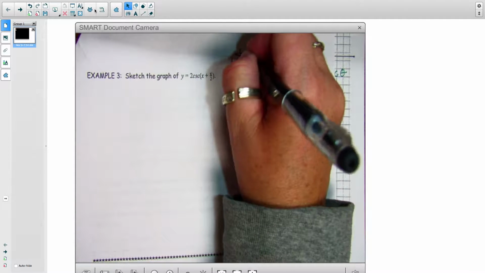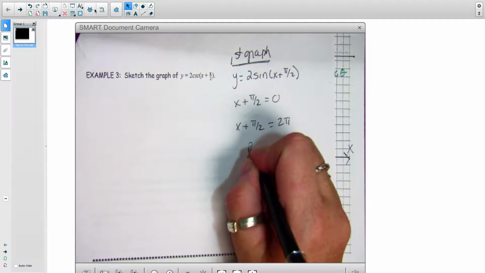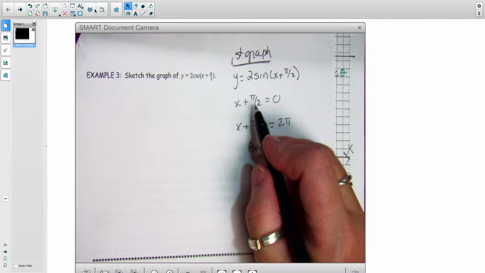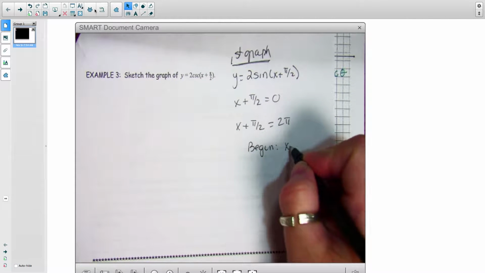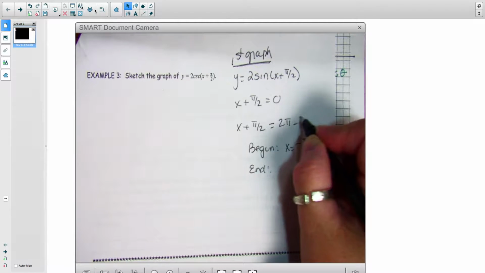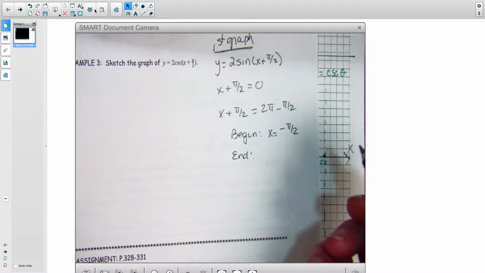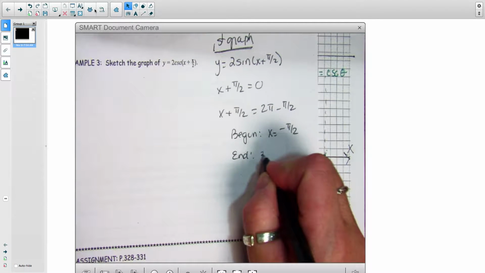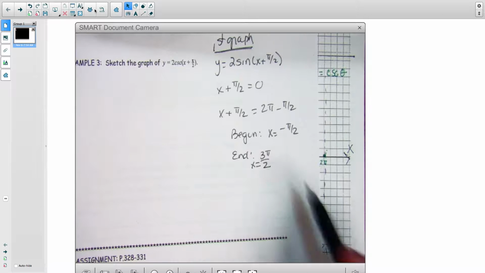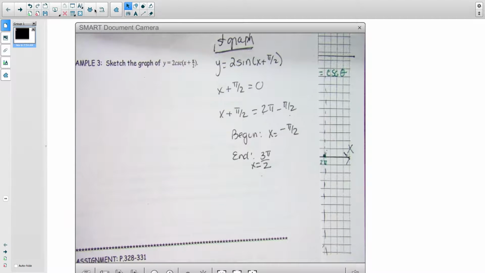So first, we're going to graph the sine function. Where does it begin? Solve for x. It begins at negative pi over 2, and it's going to end at 3 pi over 2, because 2 minus 1/2 is 1.5, and 1.5 is 3 pi over 2.